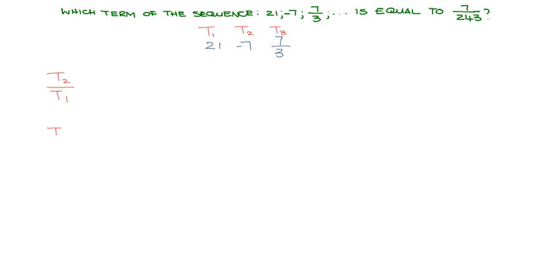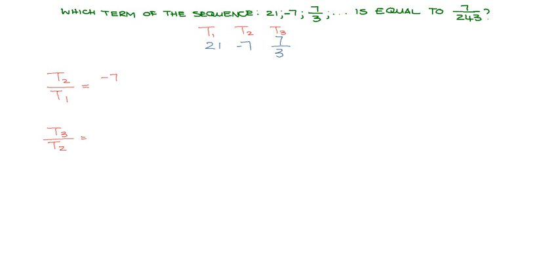If I'd started at term 3, it would need to be divided by term 2. And if I'd started at term 8, it would have had to be divided by term 7, and so forth. That is pretty much the way the structure goes. And remember, you can start at any number, as long as the term you're dividing by is 1 less than the term at the top, the numerator. Fantastic.